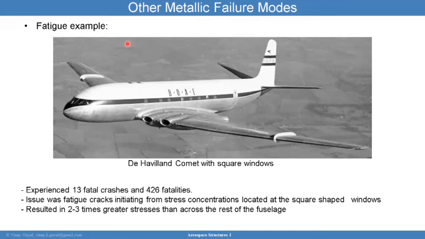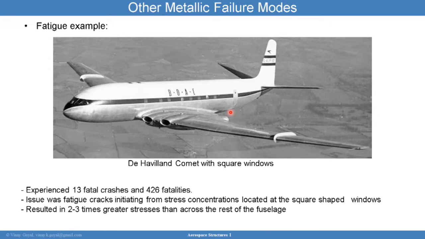Here I have the fatigue example, and earlier in the chat I saw a comment about the de Havilland Comet with square windows. Well, guess what? This particular Comet experienced 13 fatal crashes, and over 426 people's lives were taken.